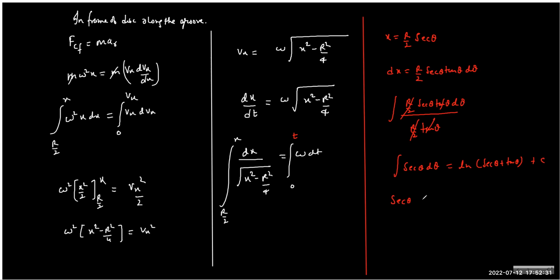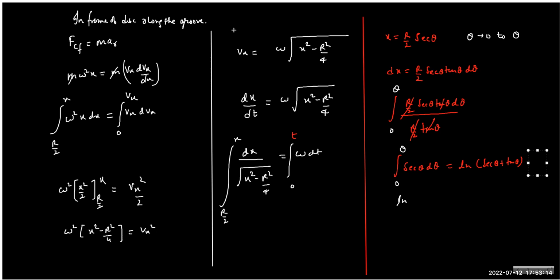So it will go from 0 to theta. Look at this carefully. So I'm getting the answer directly. How much? ln, because we are putting the limit, so c will not come.